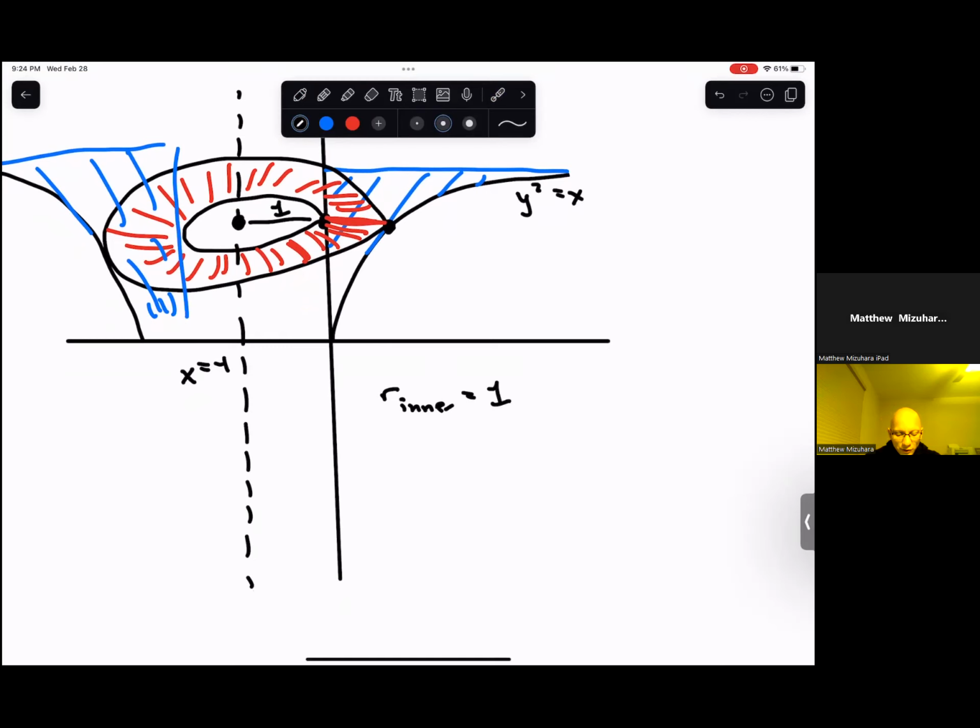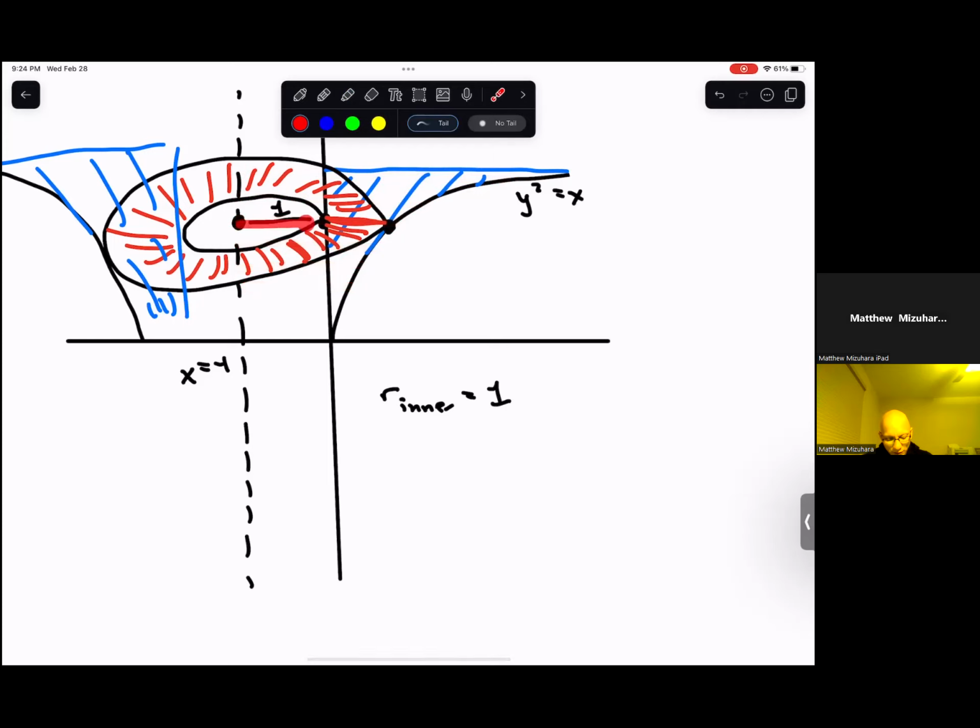And now what's the radius of my outer circle? Well, look, the radius of my outer circle is exactly the same problem we just did. The distance to the outer circle is the distance from that dotted line out to the curve. These are my outer radii. It's the distance from the center of the circle out to the curve y squared equals x. Okay, so how do I calculate this distance?